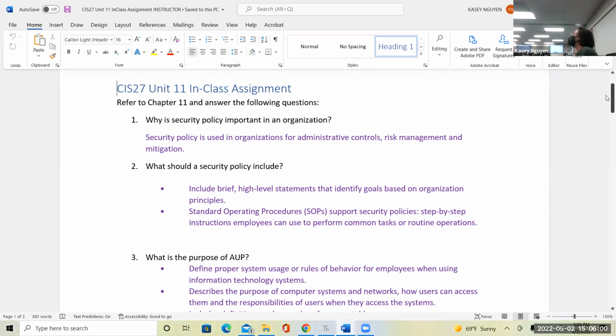So if I'm looking at an AUP, acceptable use policy, I would look at that as how the user can access resources from the PC all the way to network level, like internet browser, applications, network drives, and what they are allowed or not allowed to do.